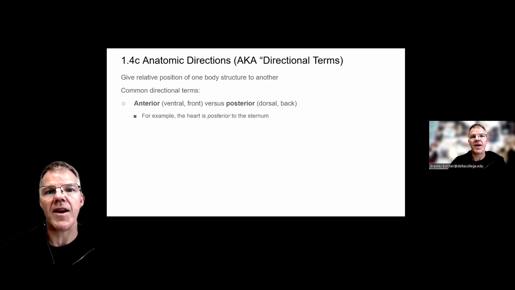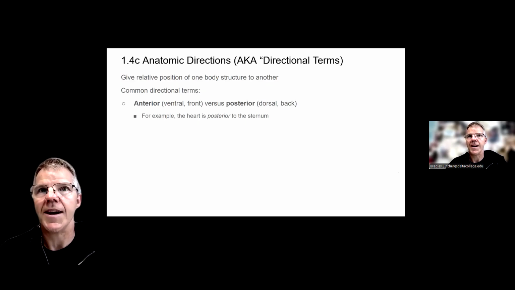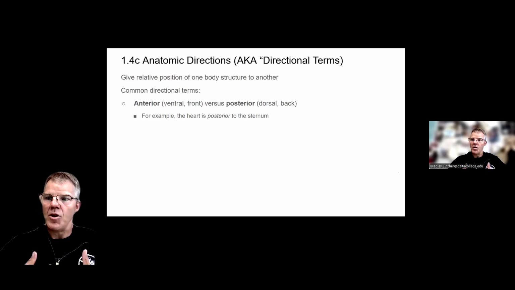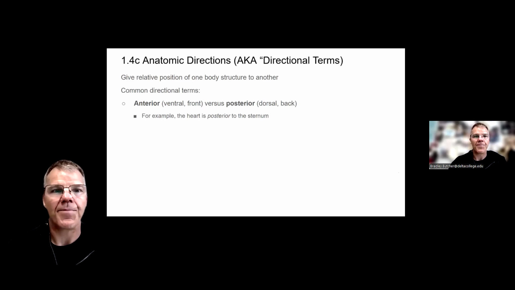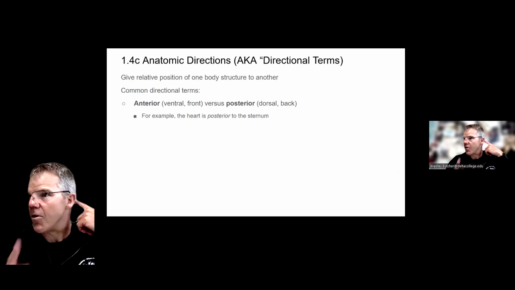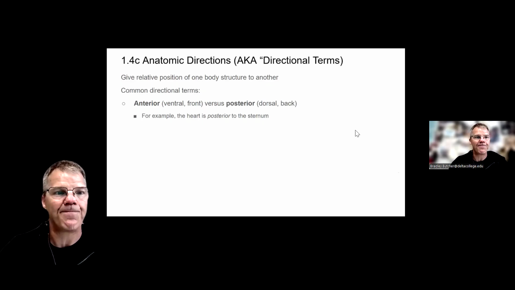For example, we would say that the heart, which is in here, is posterior to the sternum. Or I could say my spine is posterior to my belly button. I could say my nose is anterior to my ears, which are behind it.